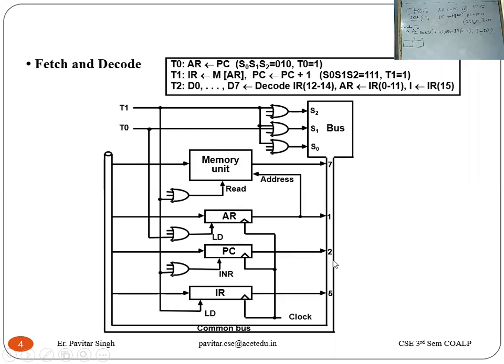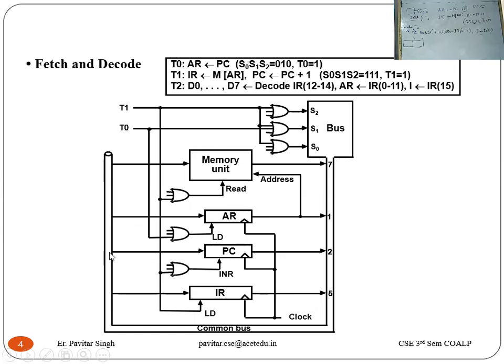After that, the contents of memory are placed onto the common bus. Now you have to read the contents of the bus, but the write operation will be performed onto the memory unit if it is required. But here IR has to read. So how can IR read? By enabling the load input, right?